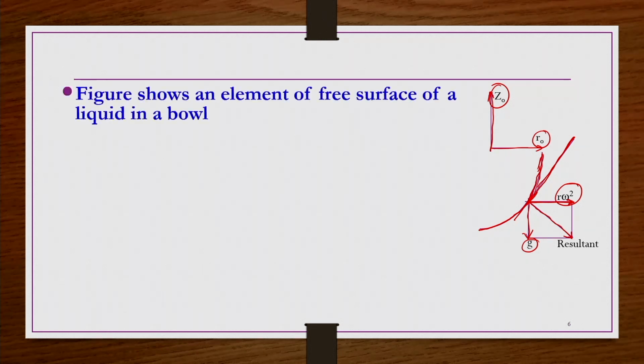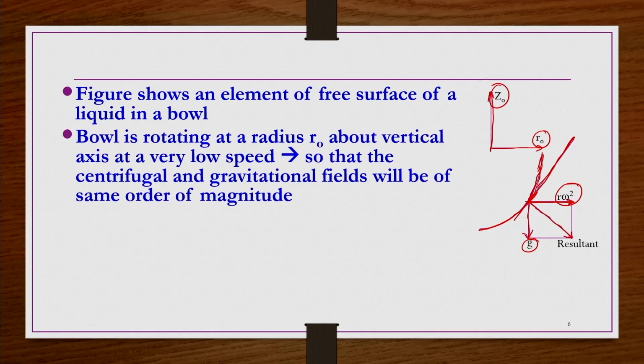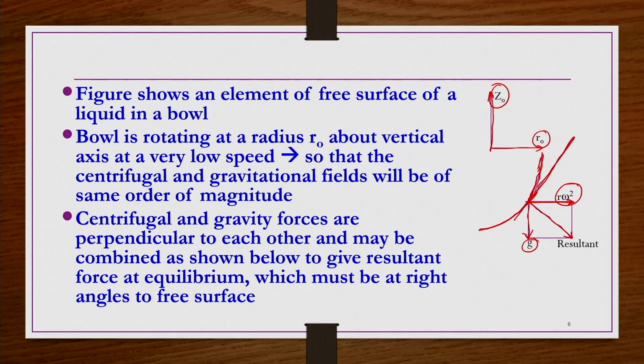The figure shows an element of the free surface of a liquid in a bowl. The bowl is rotating at radius r naught about a vertical axis at very low speed, so that the centrifugal and gravity fields will be of the same order of magnitude. Centrifugal and gravity forces are perpendicular to each other and may be combined as shown here to give a resultant force at equilibrium, which must be at right angles to the free surface.